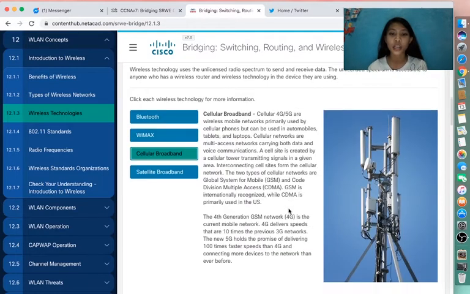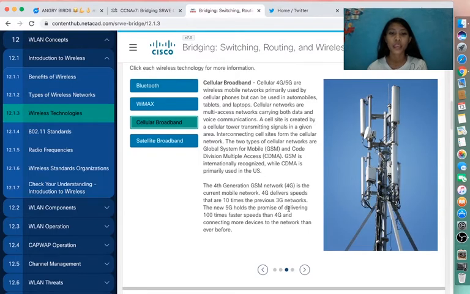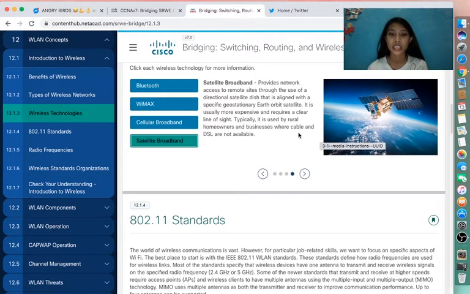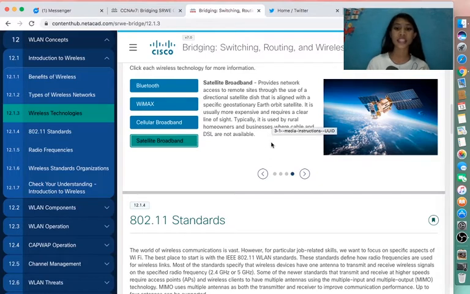Cellular broadband, 4G and 5G, are wireless mobile networks primarily used by cellular phones but can be used in automobiles, tablets, and laptops. Satellite broadband provides network access to remote sites through the use of a directional satellite dish that is aligned with a specific geostationary Earth orbit satellite.